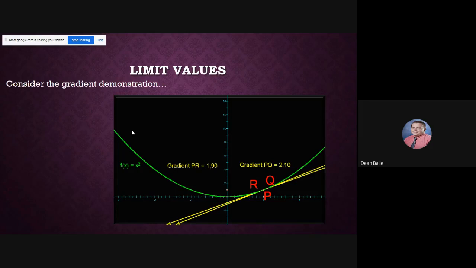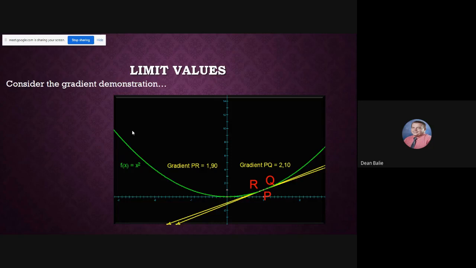The demonstration we had a look at yesterday has f of x equal to x squared. I must say thank you to Van for suggesting the idea that we use a third point, because hopefully that demonstration yesterday showed us that we were approaching a similar gradient at the point P. Yesterday we took a point Q and brought it closer to P. We took a point R on the other side and brought it closer to P from that direction.